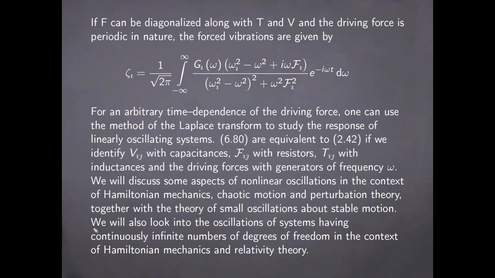And one very important aspect that we will discuss later is the problem of the oscillations of systems having continuously infinite numbers of degrees of freedom. So continuous systems like non-rigid bodies. But we are going to do that in the context of Hamiltonian mechanics and also in the context of relativity theory. So those discussions will have to wait until we have developed these two formal aspects of classical mechanics.